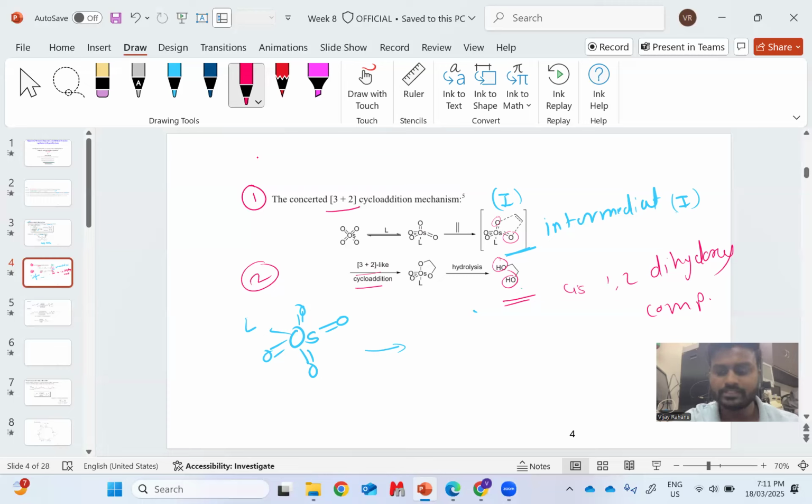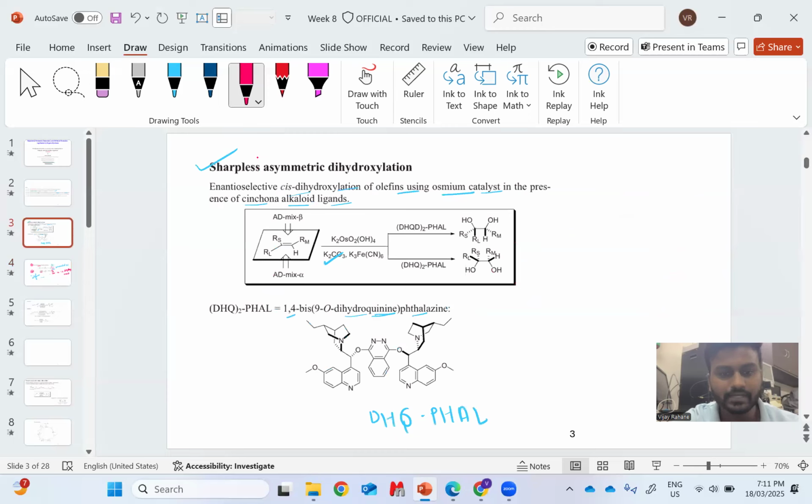The ligand, which we have already seen, DHQ or DHQD-PHAL, is used for this Sharpless asymmetric dihydroxylation reaction.